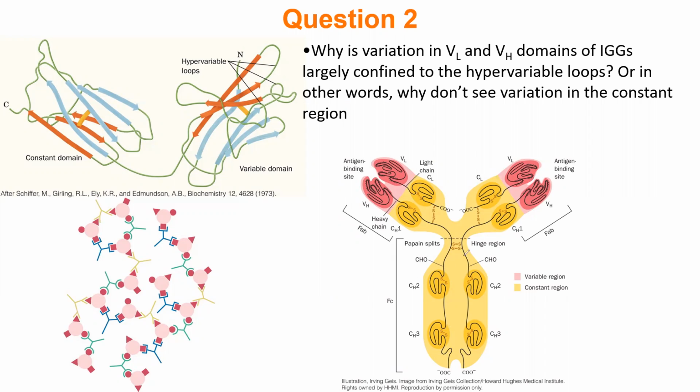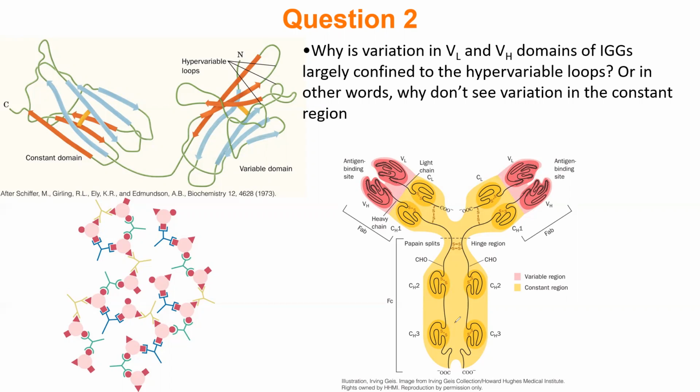Therefore, it makes sense that the tail will remain constant. Because if every antibody had a different tail, we would need a different protein to interact with those antibodies, which would be very wasteful in terms of energy.